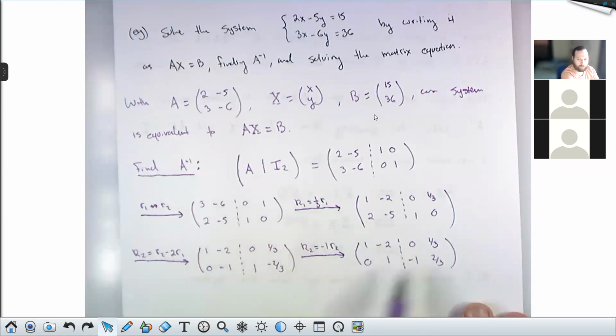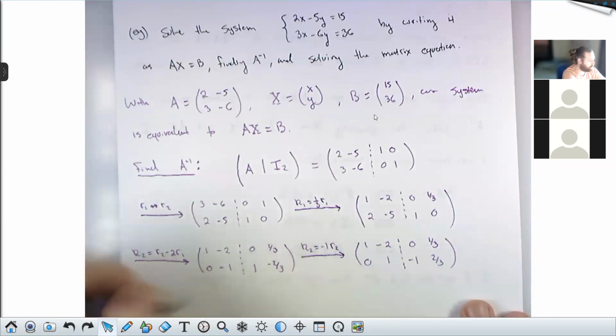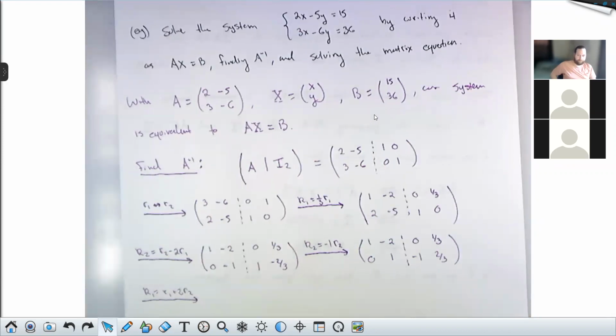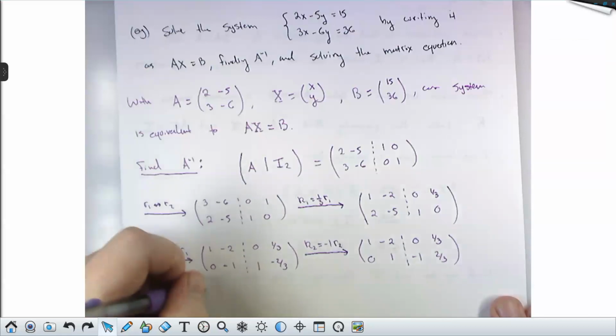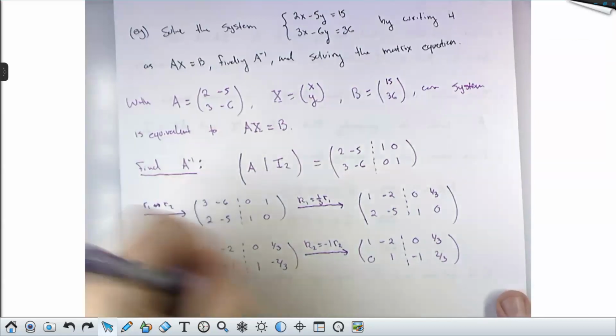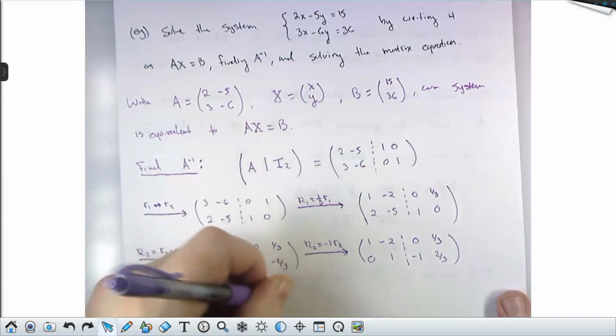So if I multiply through row 2 by 2 and add it to row 1, that will do the job. So my new row 1 is my old row 1 plus 2 times old row 2. Row 2 doesn't change. 0, 1, -1, 2/3.